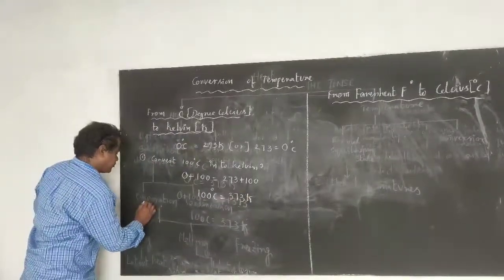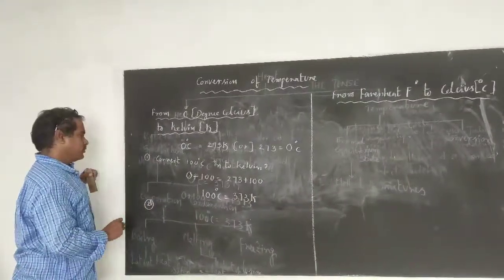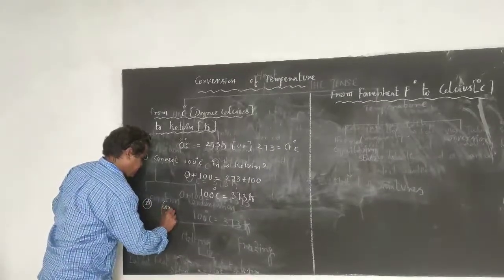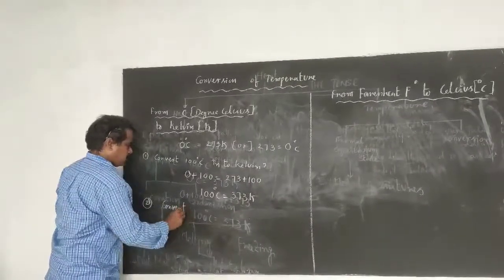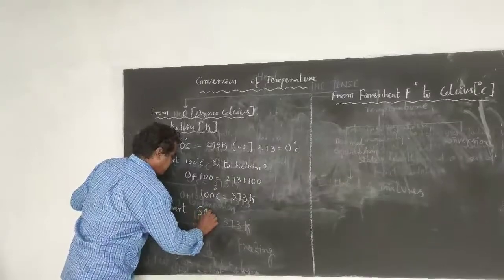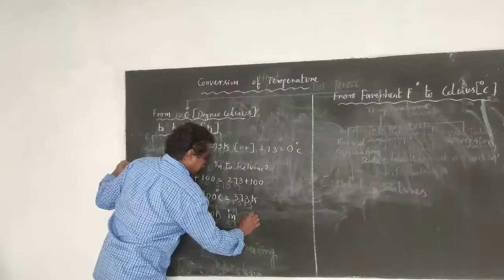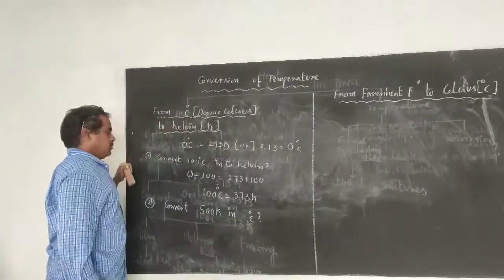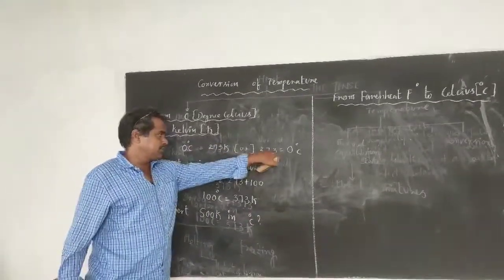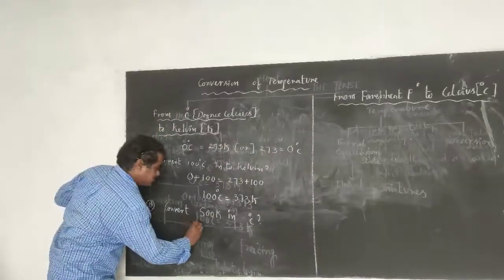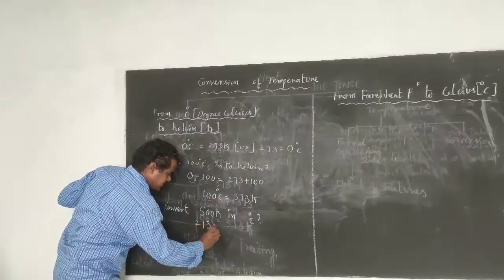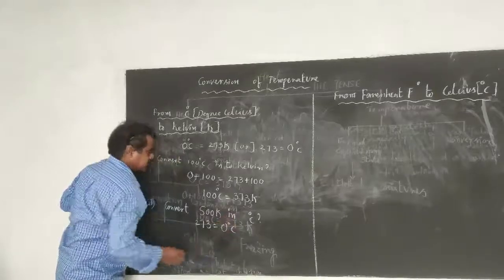Like this, one more example, convert 500 Kelvin into Celsius. We already know that 273 Kelvin is equal to 0 degrees Celsius.